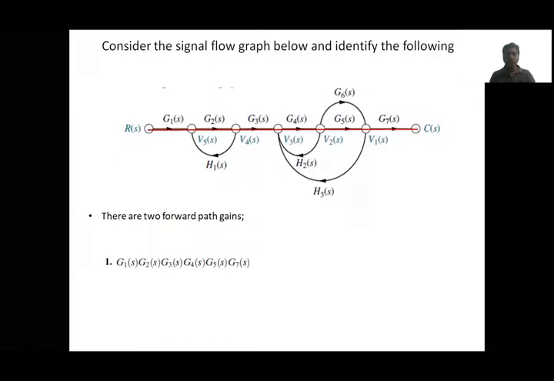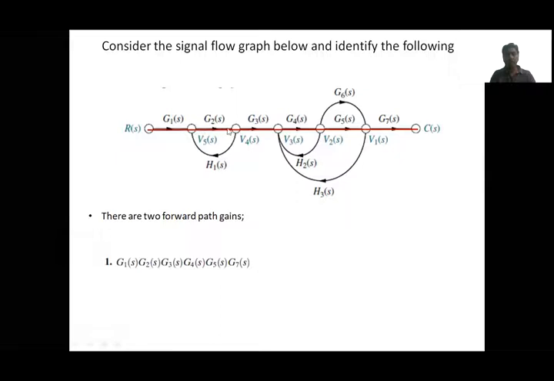Then we'll search for another path, if one exists or not. See, at this node there is a diversion. One more signal is there, but it is an incoming branch, so this does not come under forward paths. This is forming a feedback.